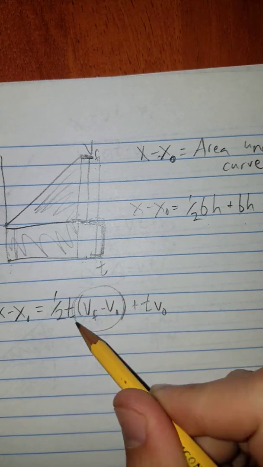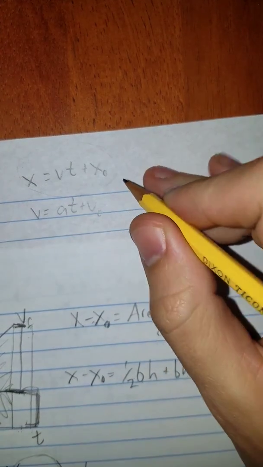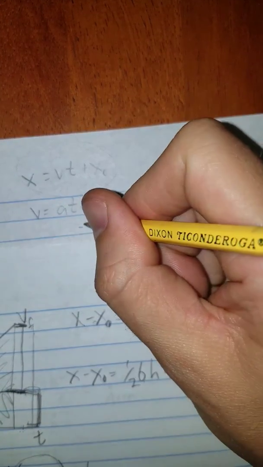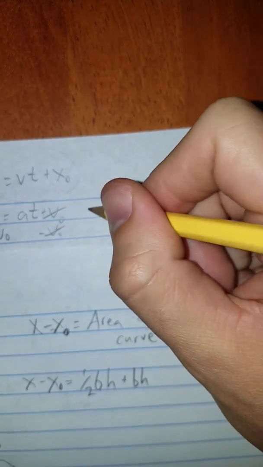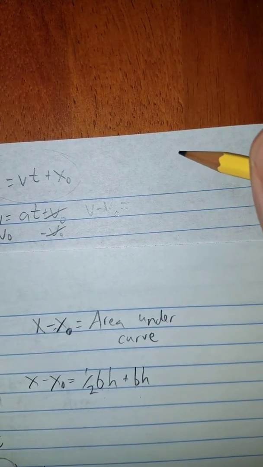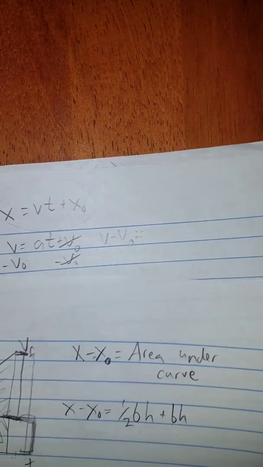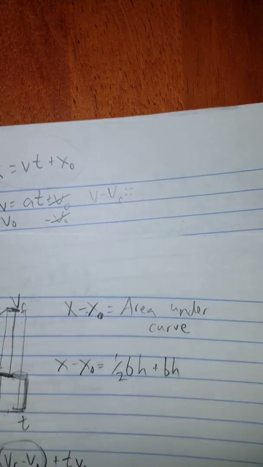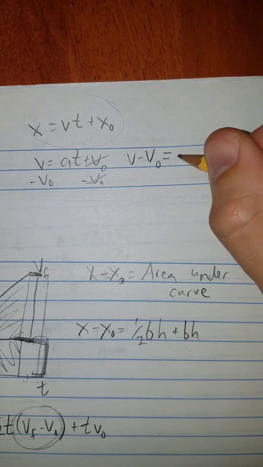This here is the same as our other equation from before. If we rearranged this, say minus V naught here, minus V naught there, these cancel, and we get V minus V naught equals AT.